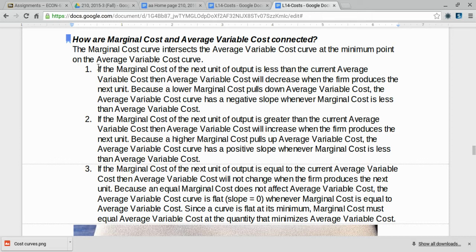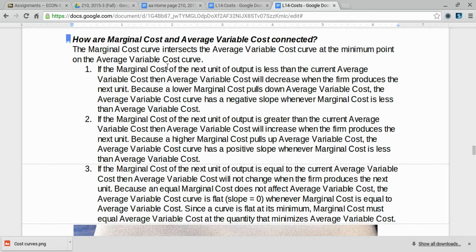If the marginal cost of the next unit of output is less than the average variable cost, then the average variable cost will decrease when the firm produces the next unit. Because a lower marginal cost pulls down average variable cost, the average variable cost curve has a negative slope whenever marginal cost is less than average variable cost.